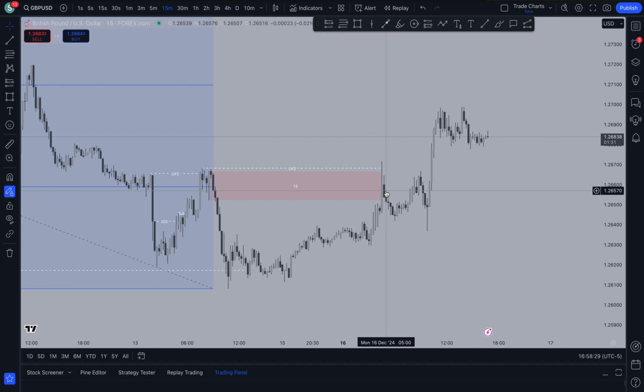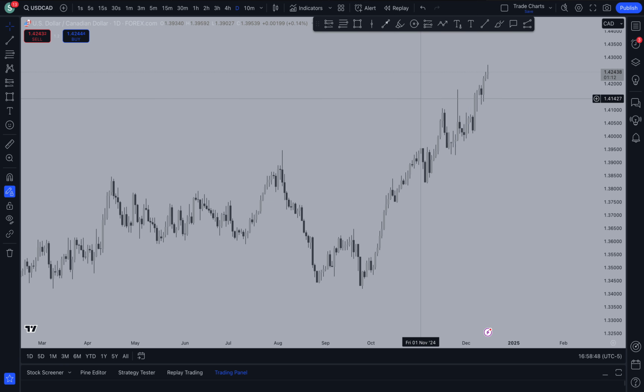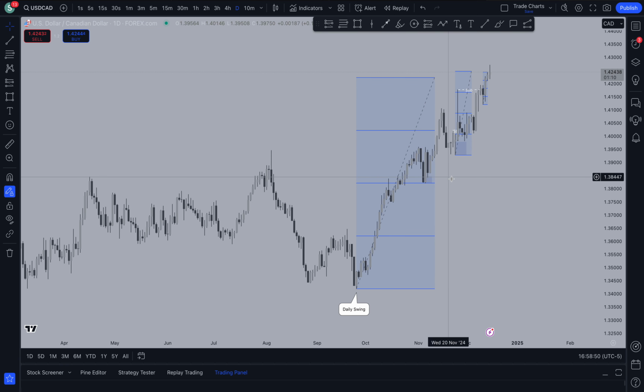We retraced back up. We finally pulled back, not into anything of significance, right? Because there's no areas here where I'd like to trade. We had another sub break here, and past this point, price didn't come back to any 15-minute POI, so no trade for nothing.